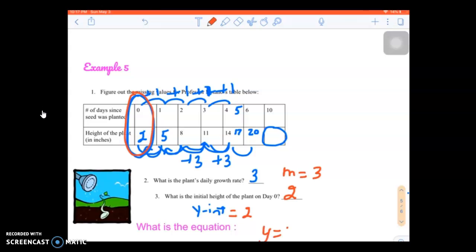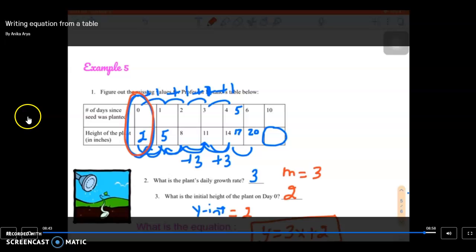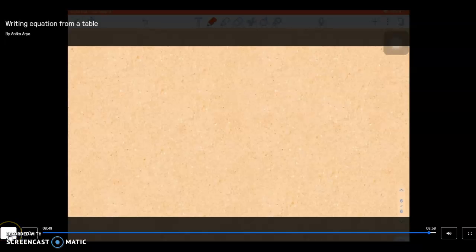So our equation here is y equals 3x plus 2. And that is it.